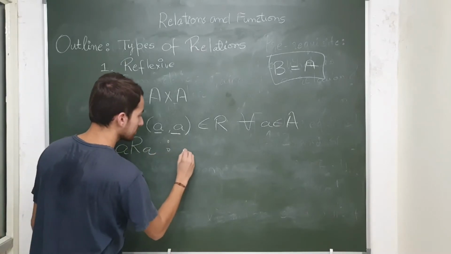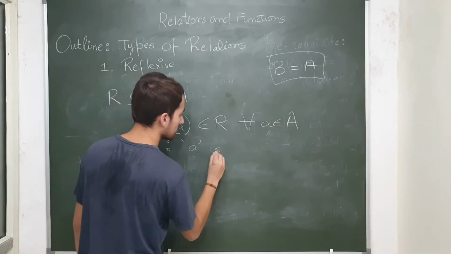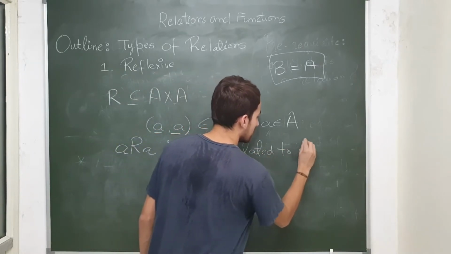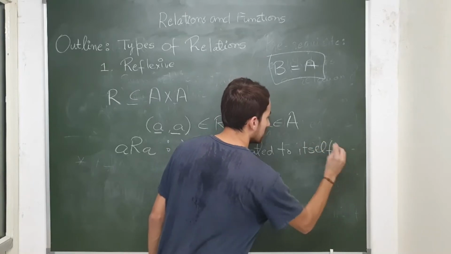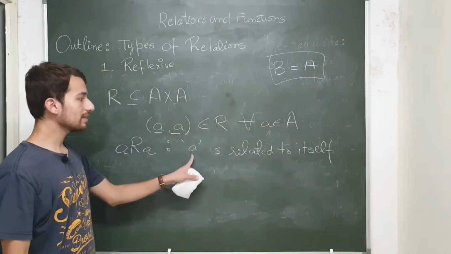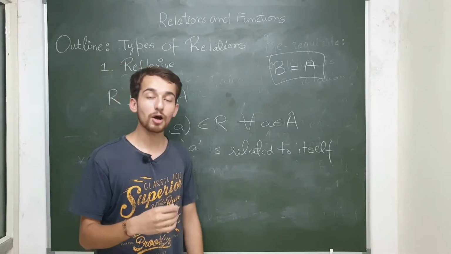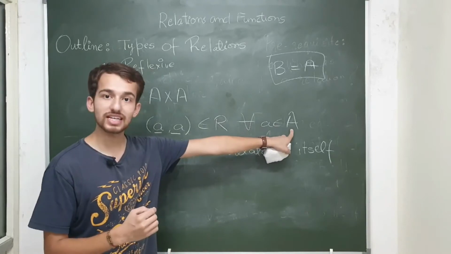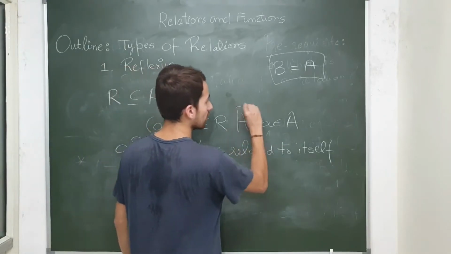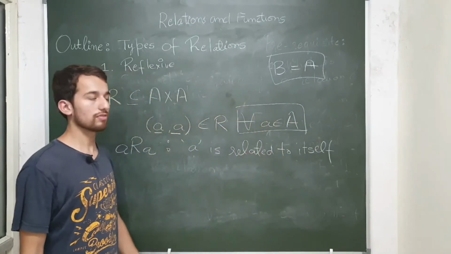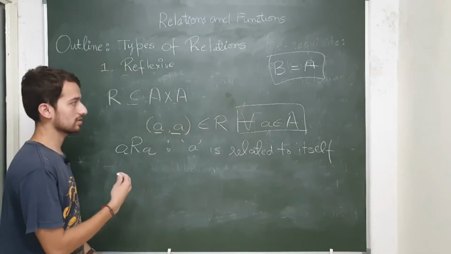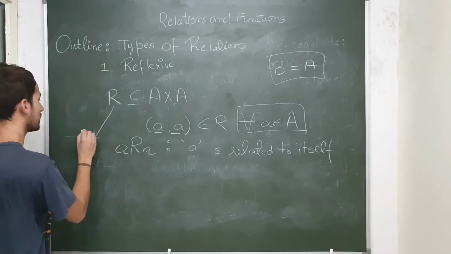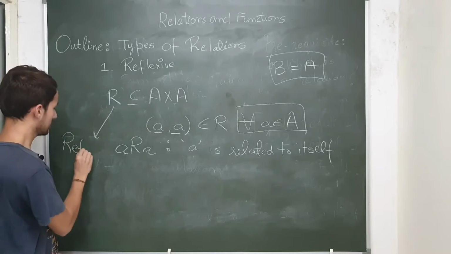This means that this element is related to itself, and this property should be true for every element small a belonging to the set capital A. This property should hold for every element. If such a thing happens, then we say that R is a reflexive relation.